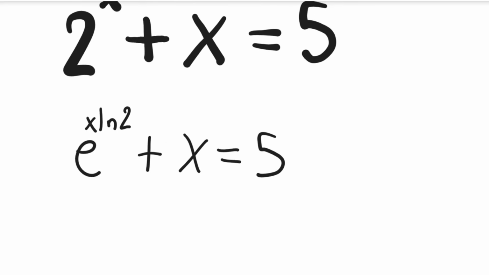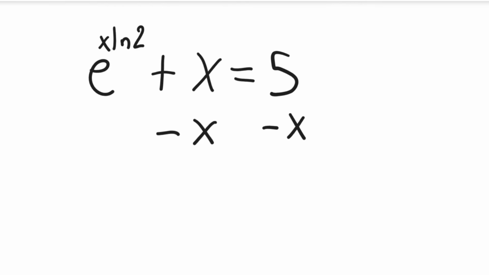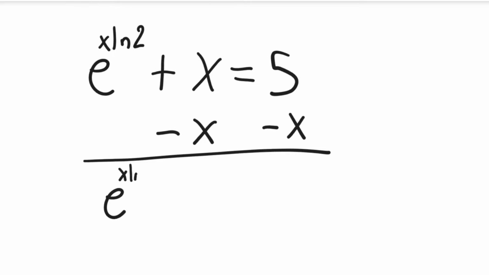Now, we don't have anything multiplying e to the x natural logarithm of 2. And also, this x is kind of in the void. So let's move it to the other side of the equation. So subtract x on both sides of the equation, and we will get e to the x natural logarithm of 2 plus 0 is equal to 5 minus x.